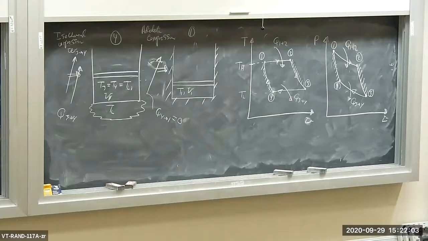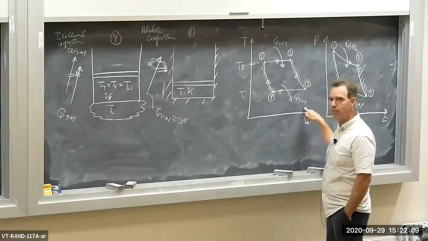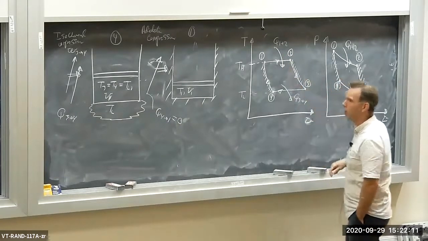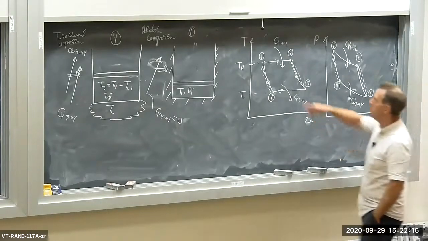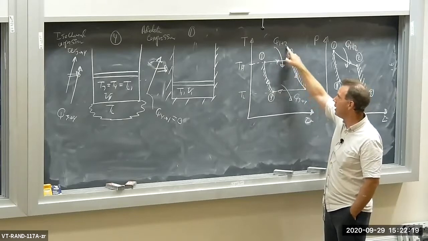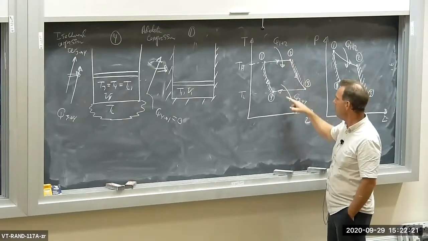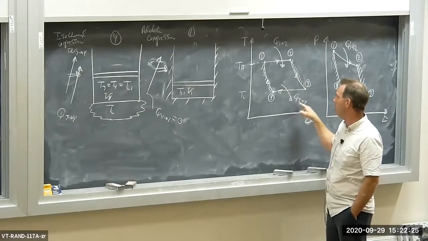Now, one thing I do want to do before we move on, I want to point out these heat transfers here. Q1 to 2, Q2 to 3. Remember, these heat transfers occur when the system is interacting with a reservoir. In particular, the high temperature reservoir when it's receiving heat from 1 to 2, and it's rejecting heat to the low temperature reservoir from 3 to 4.